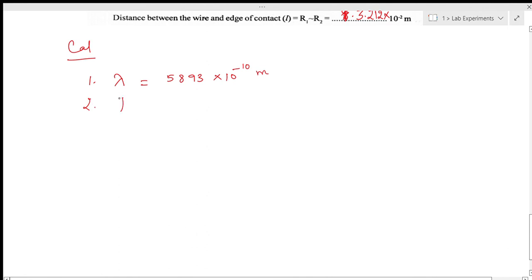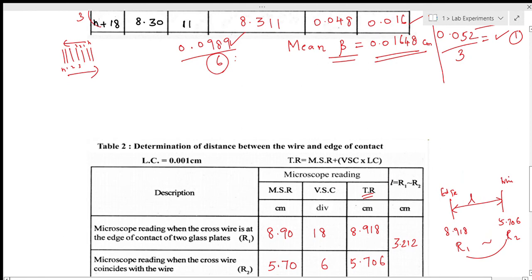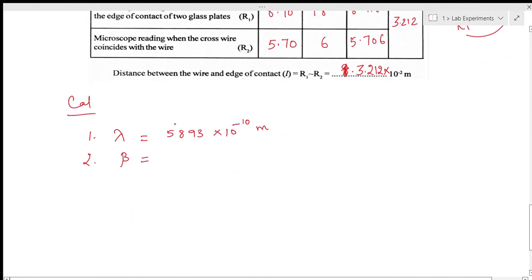Then beta value, just now we have calculated, 0.01648 into 10 power minus 2 meter, and then L is equal to 3.212 into 10 power minus 2 meter. So when the value is in centimeter, convert that into meters.